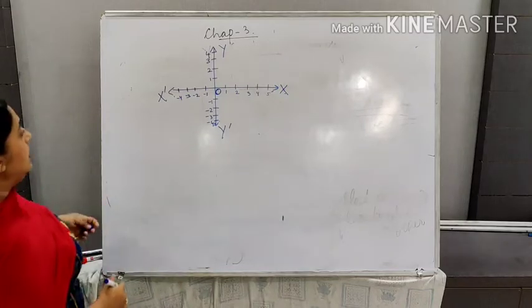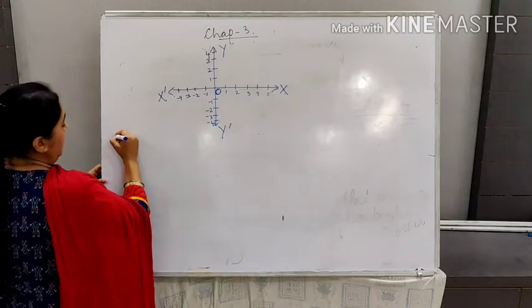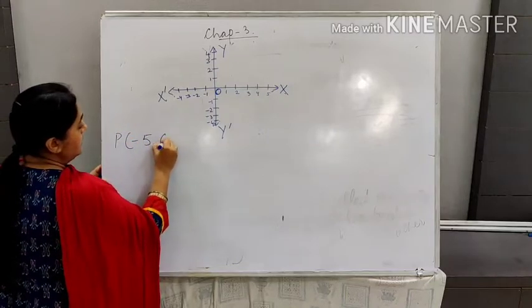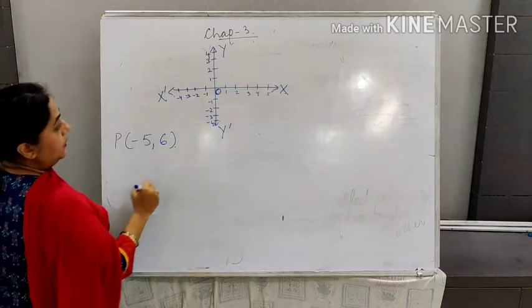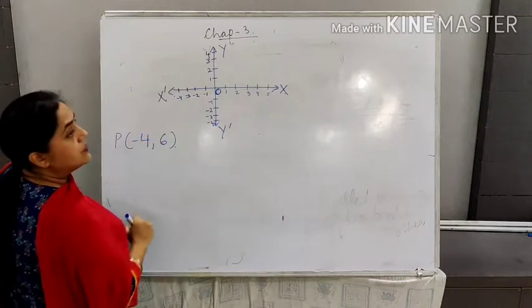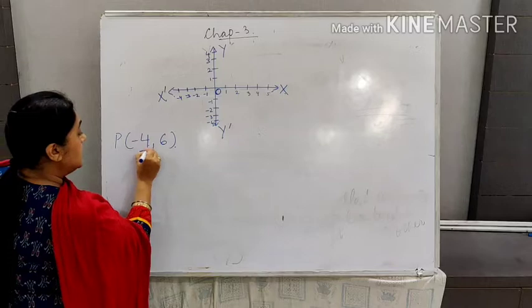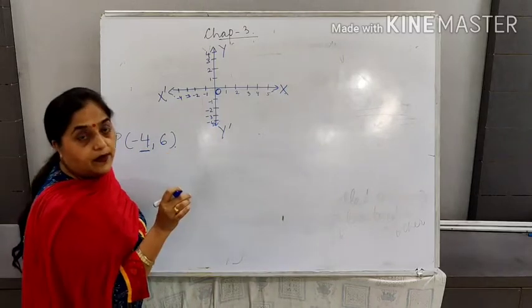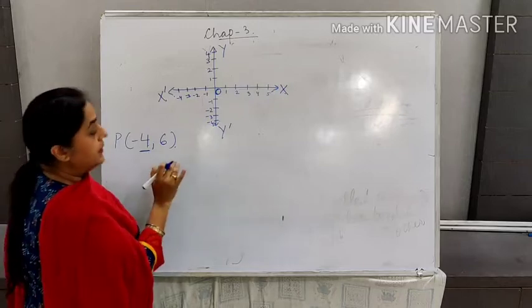So first of all, if I have a question, P -4, 6. What I told you people, suppose let me take P -4, 3. That means first point, what is it called? It is called ordered pair.